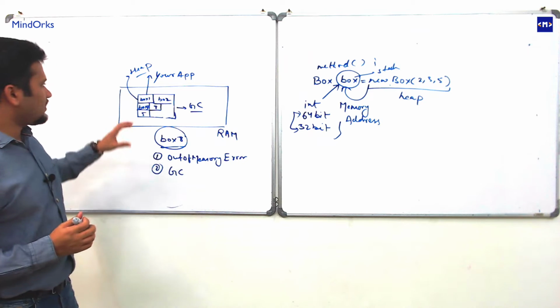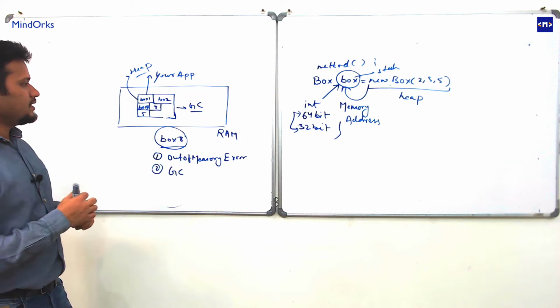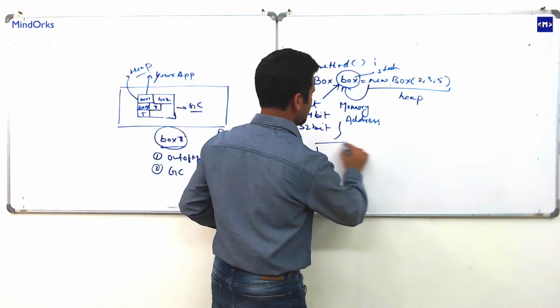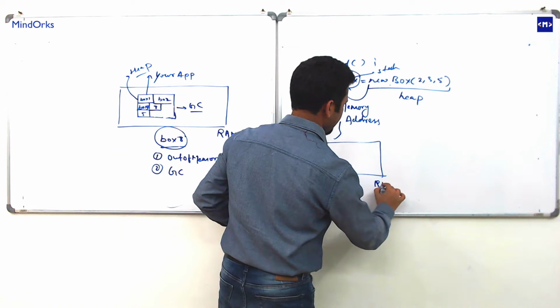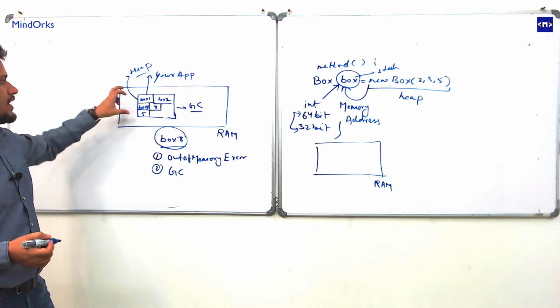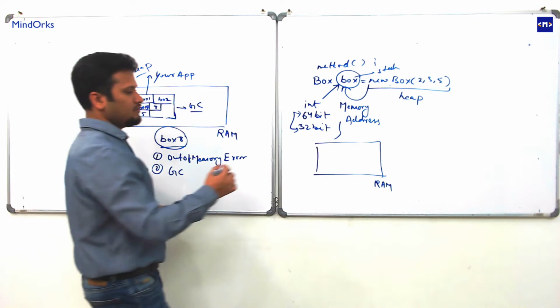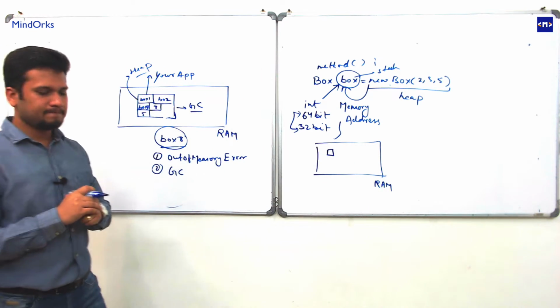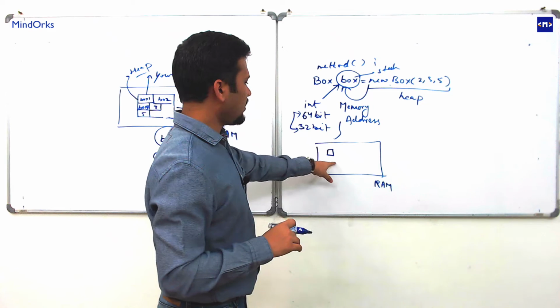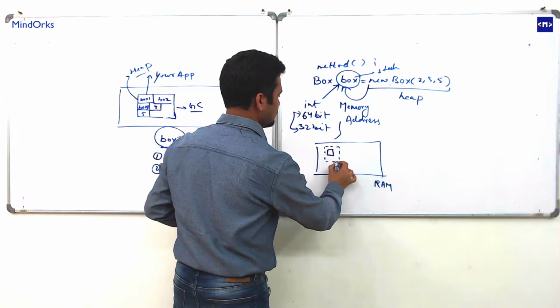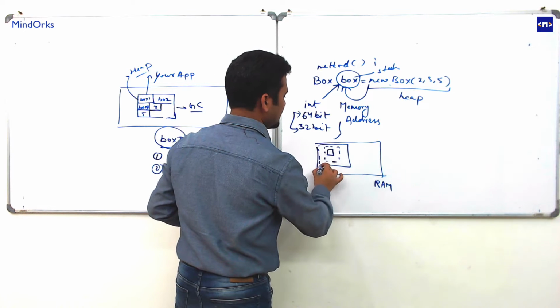Now there is one interesting thing here: when you run your application, suppose this is your RAM. The system will not provide you this size of the heap. It will first give you some small amount of heap, and then as your requirement of memory increases, it will provide you more space till it reaches a limit.